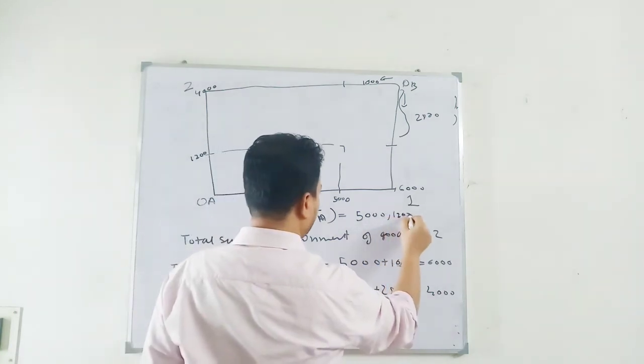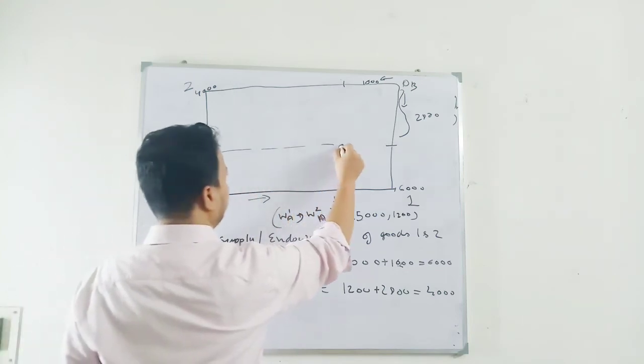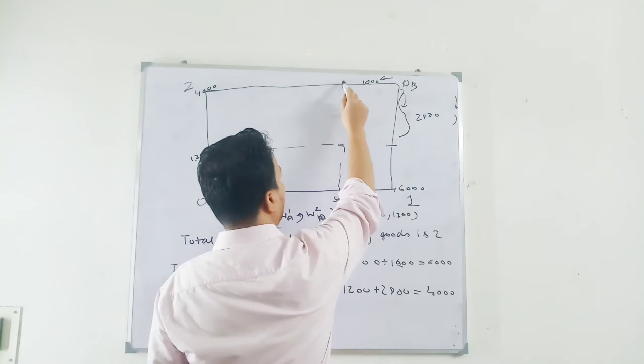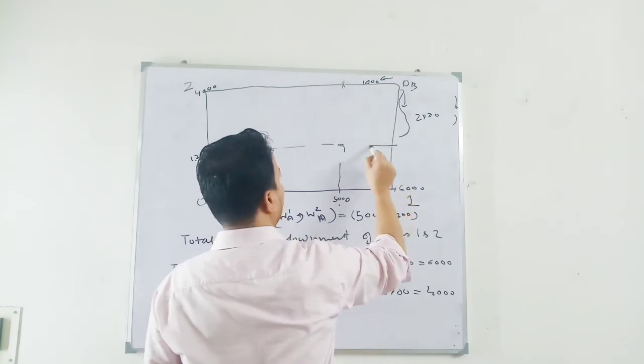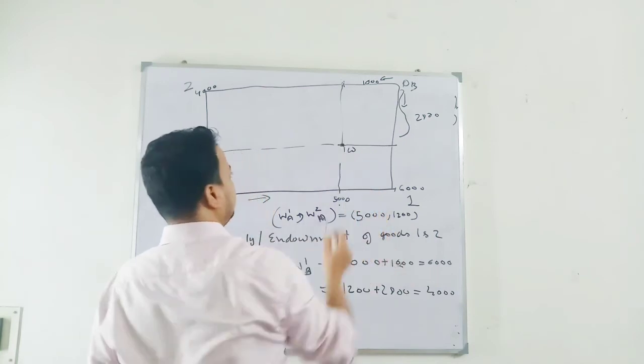This point I get. The endowment of consumer B is 1,000 of good 1 and 2,800 of good 2. So join this point, and I get the endowment here.